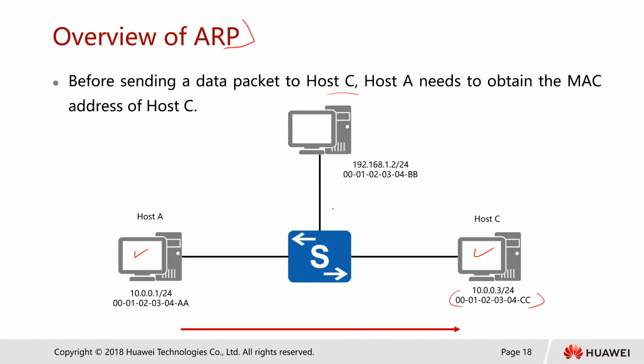By using the ARP protocol, a network device can establish a mapping between an IP address and a MAC address. After obtaining the destination IP address, the network device needs to determine the destination MAC address, just to make sure that the destination MAC address is known, right? So that is what happens.